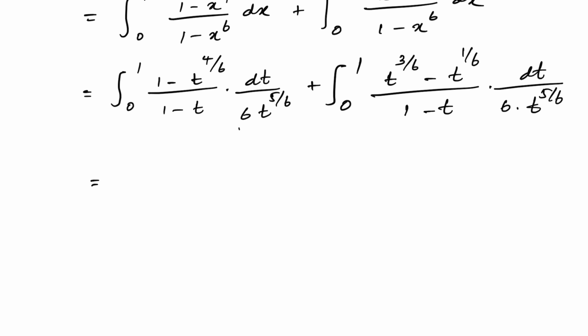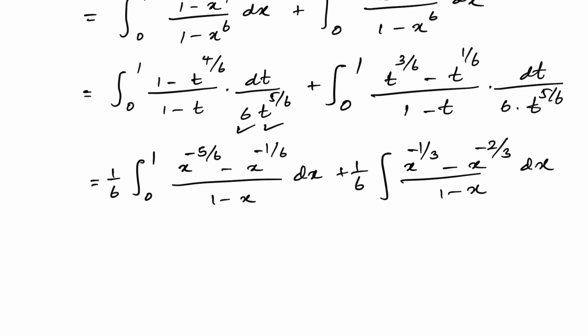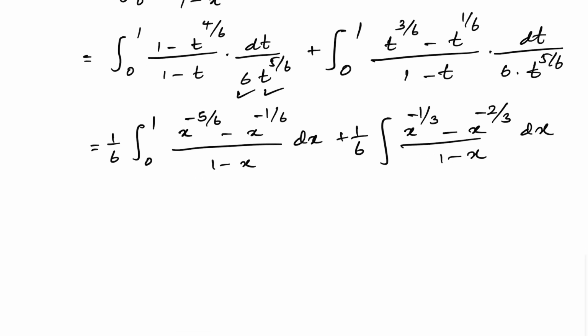We have 1 over 6 constant, so we can take it outside of the integral sign: 1 over 6 times the integral from 0 to 1 of (x to the minus 5 over 6 minus x to the minus 1 over 6) over (1 minus x) dx, plus 1 over 6 times the integral from 0 to 1 of (x to the minus 1 over 3 minus x to the minus 2 over 3) over (1 minus x) dx.